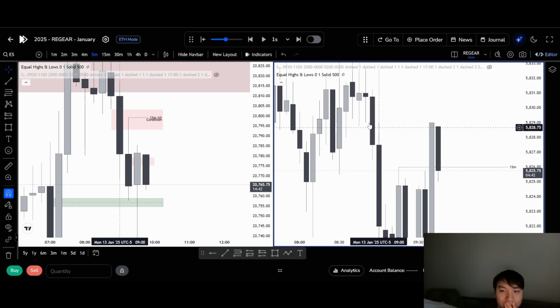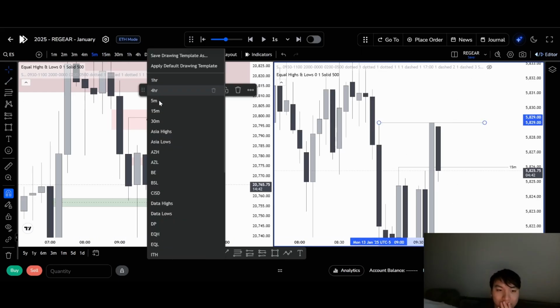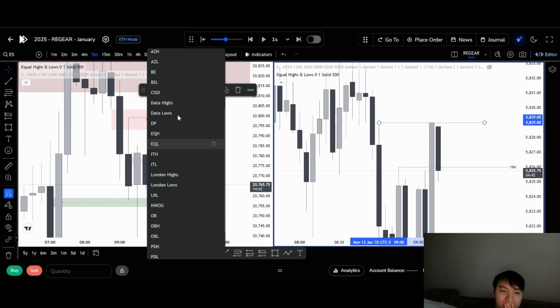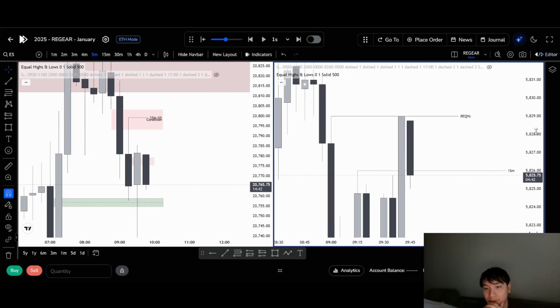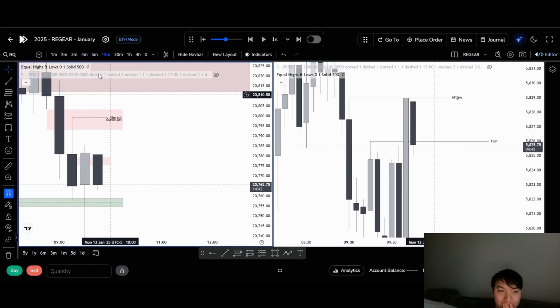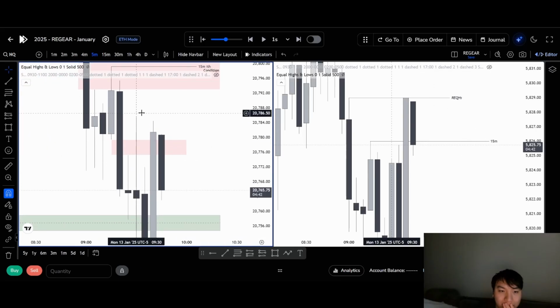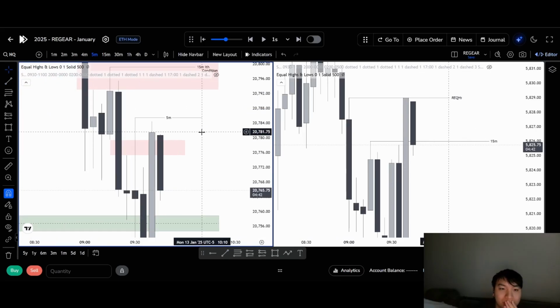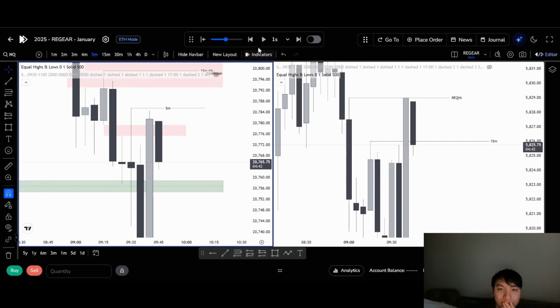We create equal highs on ES. I'll just do relative equal. So we sweep up into the 15, we invalidate that, and then here on the 5, we end up almost taking out this 5-minute internal, which would have been great. I would have loved that.